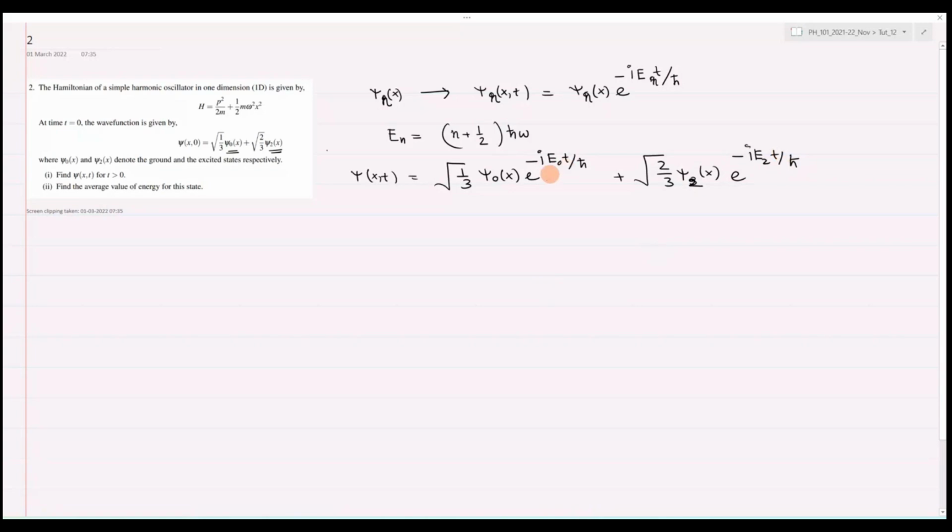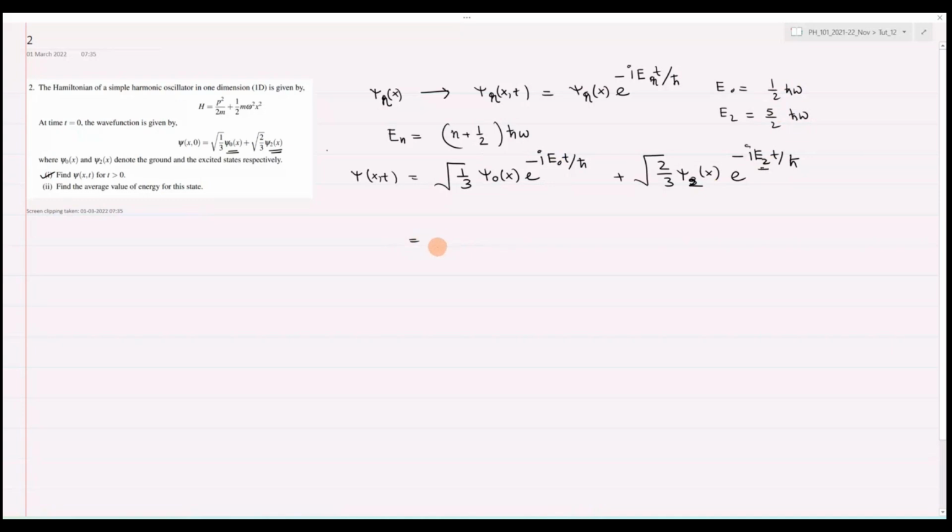That's it. Now you know E0 is half h cross omega. Then E2 will become 2 plus 1 by 2, that is 5 by 2 h cross omega. You just substitute here. In place of E0, you will write h cross omega by 2. In place of E2, you will write 5 h cross omega by 2. So that will be the answer. Okay.